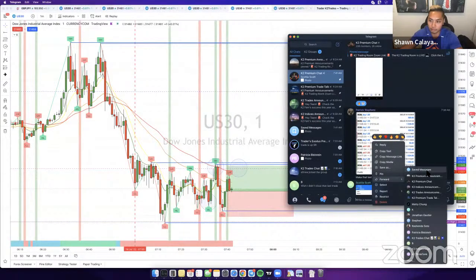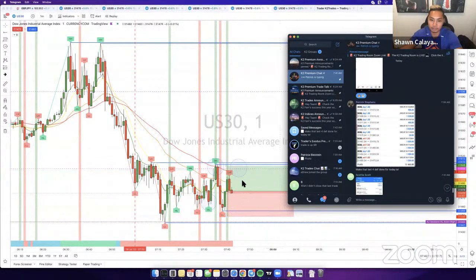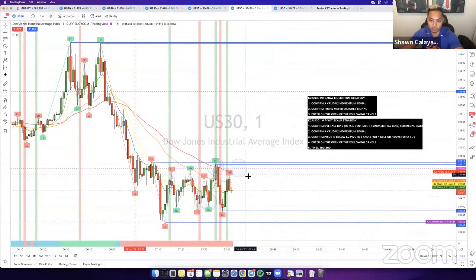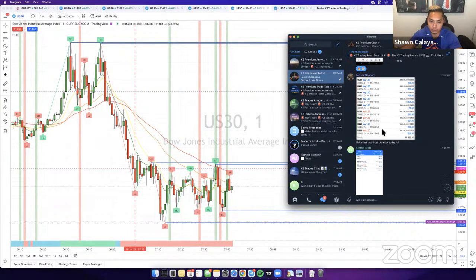He basically just used the explanation that I showed you guys here. He's using the look back at the previous, basically a continuation. Okay, thanks, Patrick. So Patrick's been doing it here on the 1 minute. Just looking at his trades right here, he took a sell. He looked back.